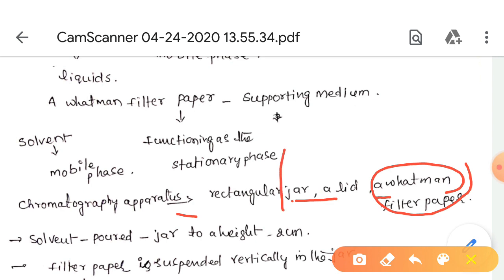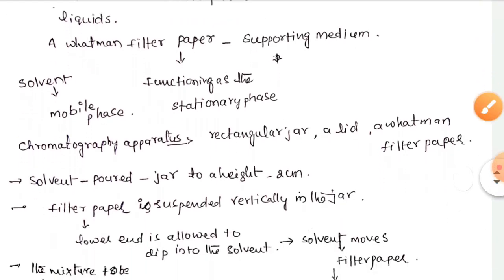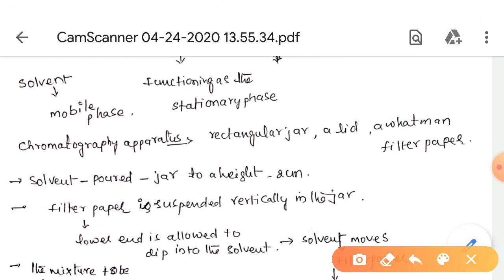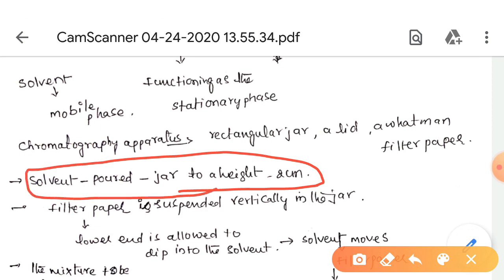First the solvent is poured into the jar to a height of about 2 centimeters, and a strip of rectangular filter paper is suspended vertically in the jar.